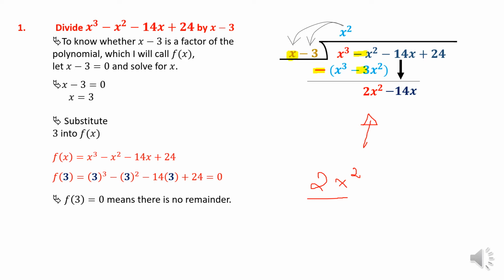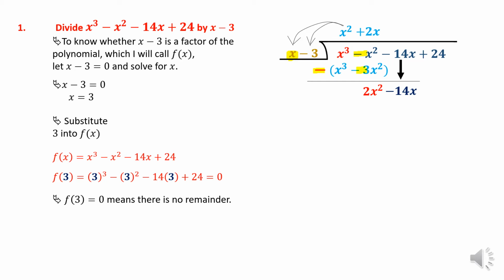When you divide that by x, you are going to end up with 2x as an answer, which should be written here now. You will see that I'm indicating those specific steps there, and now I have the 2x there.